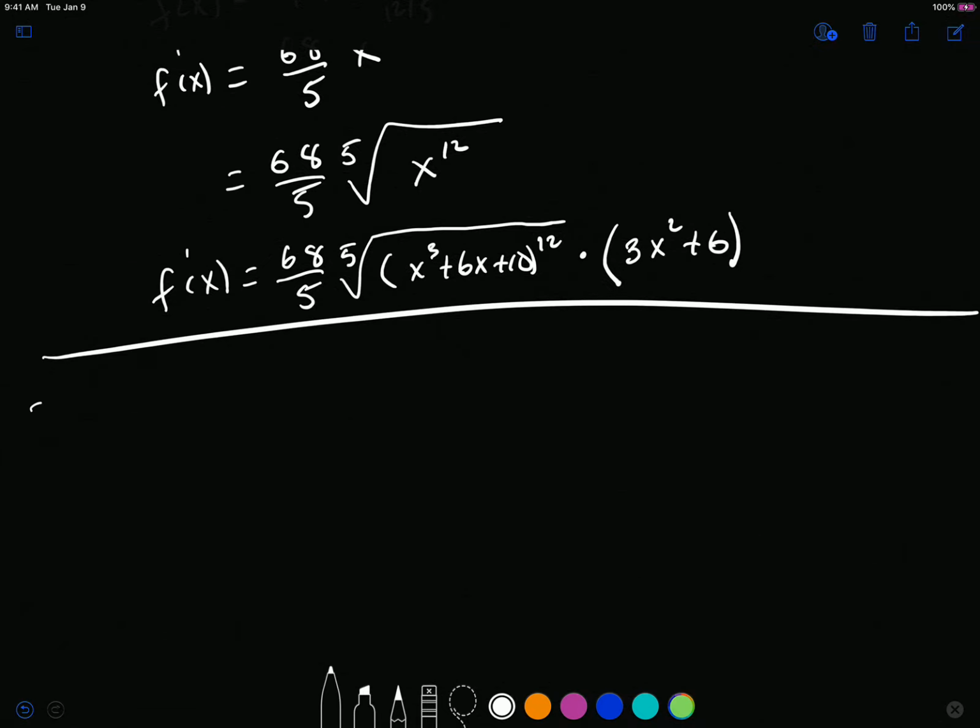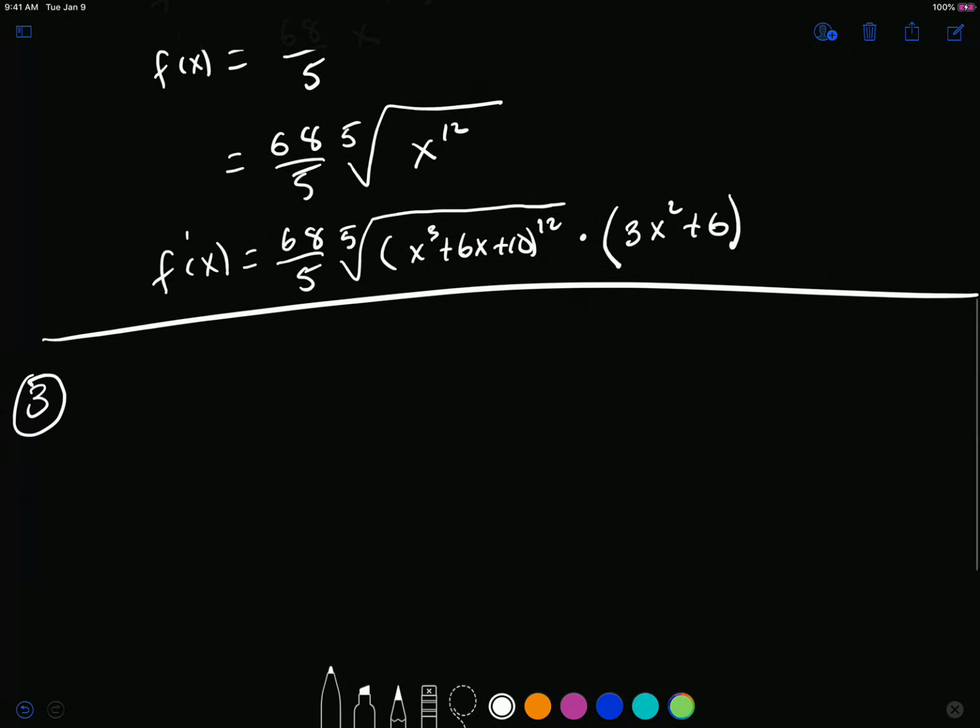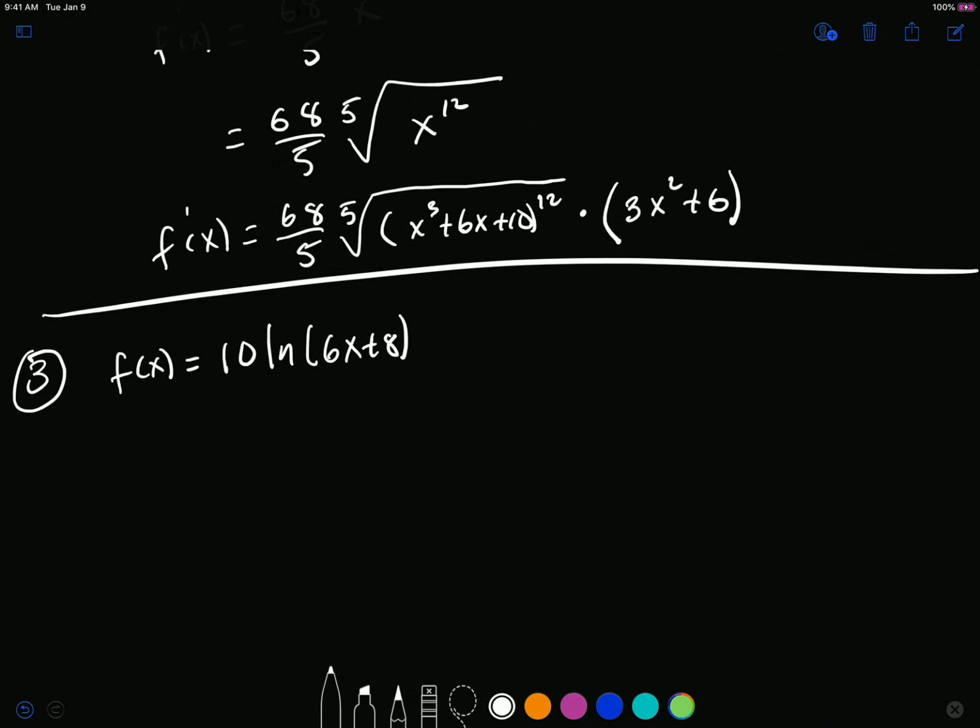Question number 3. I have my function f of x equals 10 natural logarithm of 6x plus 8, that is, 10 ln of (6x plus 8).